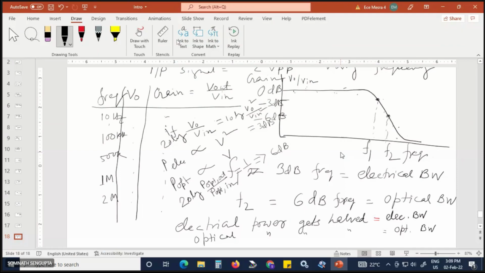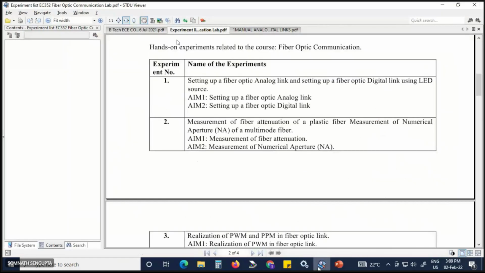So now these things you have to calculate for this experiment: electrical bandwidth and optical bandwidth. Now the second part of the experiment is, you can see that it is a fiber optic digital link.